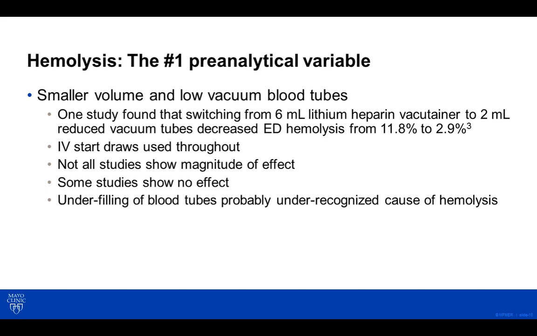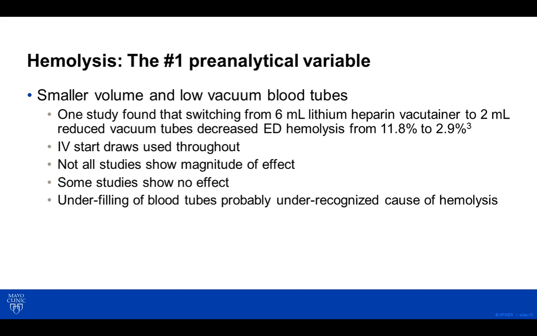So here's a study that found that switching from a 6 milliliter lithium heparin plasma tube to a 2 milliliter lithium heparin tube, so whole blood, but eventually makes plasma, that had a reduced amount of vacuum, had a significant effect on the hemolysis rates in the ED, changing from about 12% to 3%. The study used IV starts for all blood draws throughout the study, so you keep that in mind.